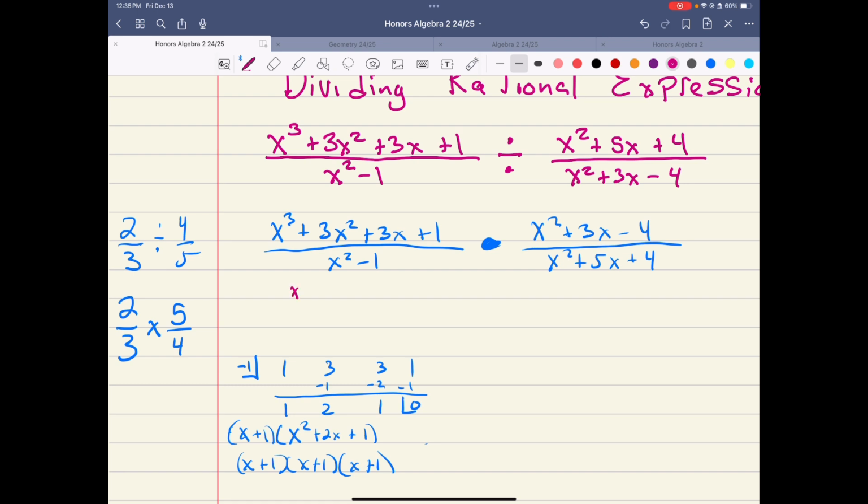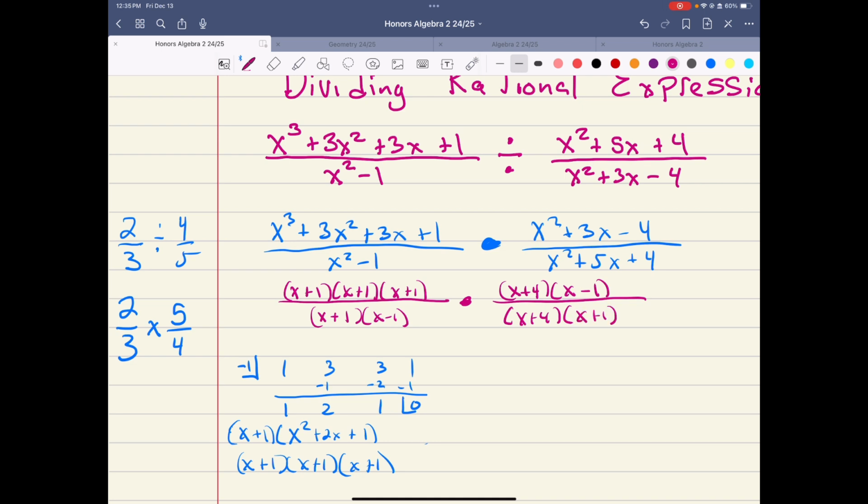So our new numerator is x plus 1 times x plus 1 times x plus 1. X squared minus 1, that's x plus 1, x minus 1, times x squared plus 3x minus 4, that's x plus 4, x minus 1. And then the last one is x plus 4, x plus 1.